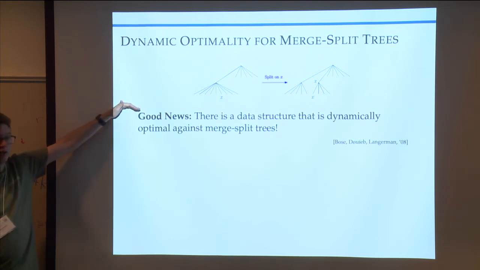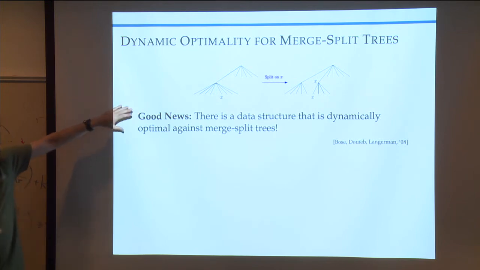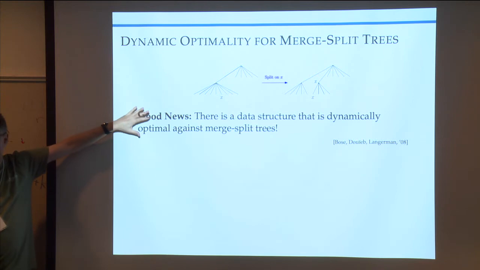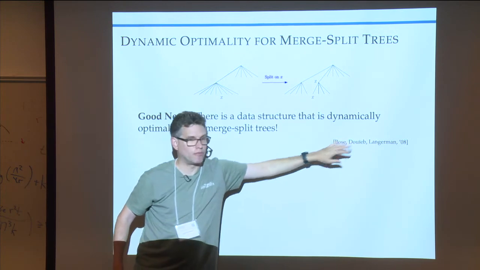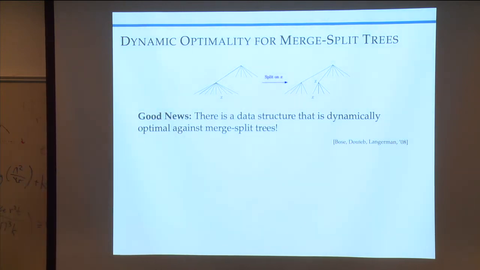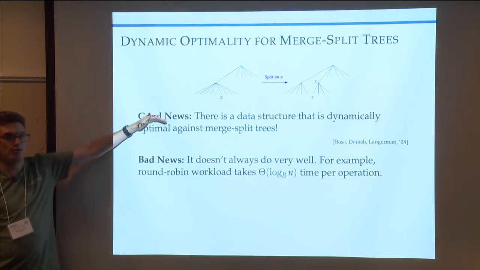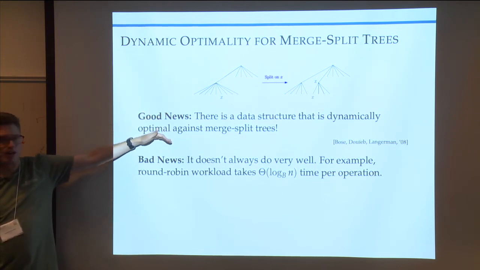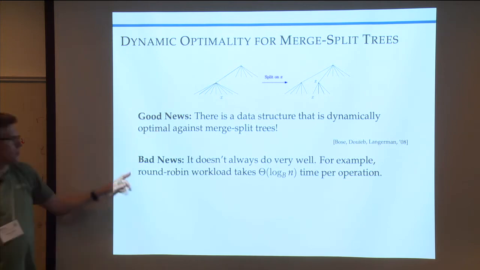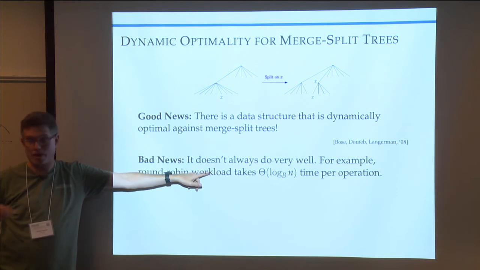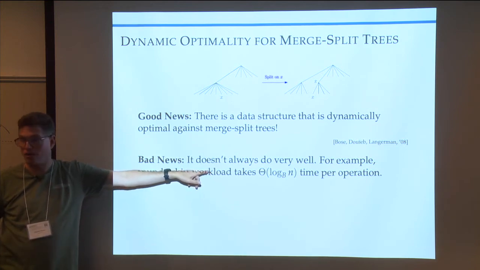And actually there is good news with merge-split trees, which is there is in fact a data structure that's dynamically optimal against merge-split trees as well. This is a result of Bose et al. from 2008. So there is in fact a notion of dynamic optimality with respect to merge-split trees. This is good news, but it's also kind of vaguely disappointing news, because this data structure that's dynamically optimal actually doesn't do that well. For example, say you have the same round-robin workload that we talked about at the beginning of the talk, access 1 to n, 1 to n, 1 to n.